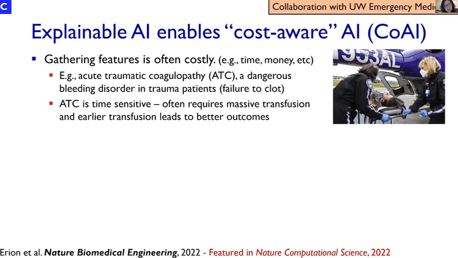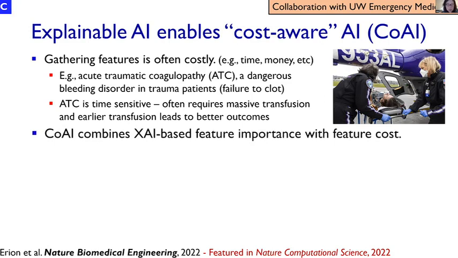What that means is that fast diagnosis leads to fast treatment. So accurate prediction is important, but you really want to predict this fast. In this case, time will be your cost. Some of the features that need deeper examination aren't the ones you want to rely on too much. So we developed this method called Co-AI, cost-aware AI.